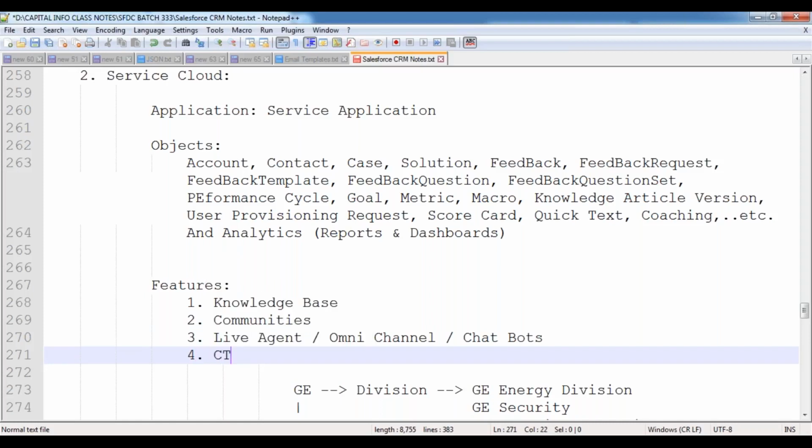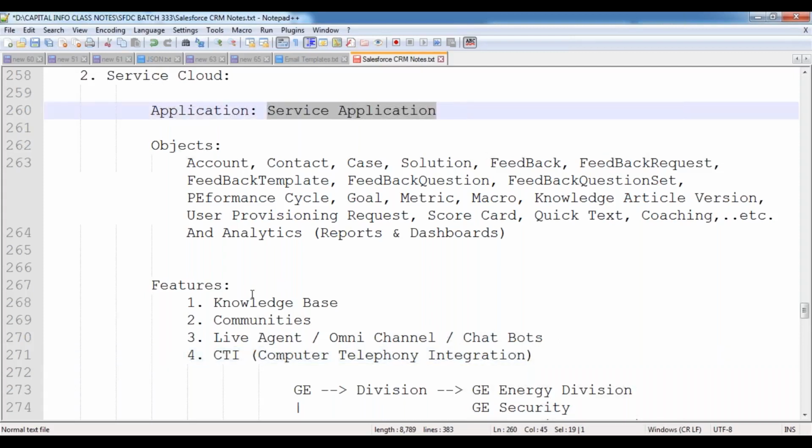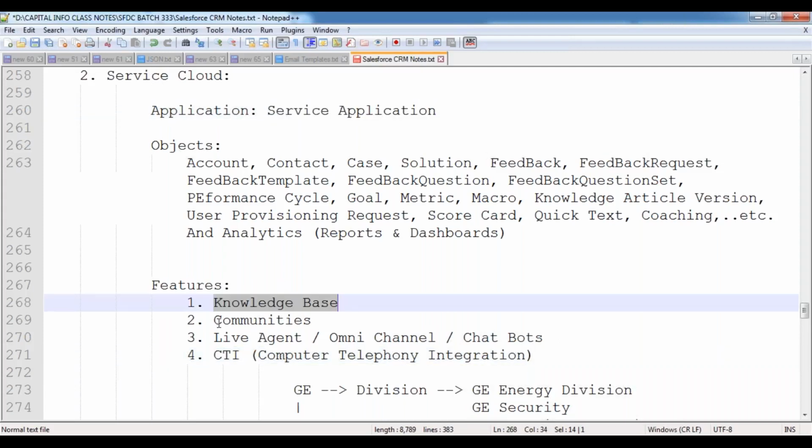And the fourth one, Salesforce has given a feature called CTI, that means computer telephony integration. These are four more additional features given by Salesforce as part of this Service Cloud. As part of the Service Cloud, not only the service application, we have the knowledge base feature, communities feature, live agent feature, and CTI features also available.